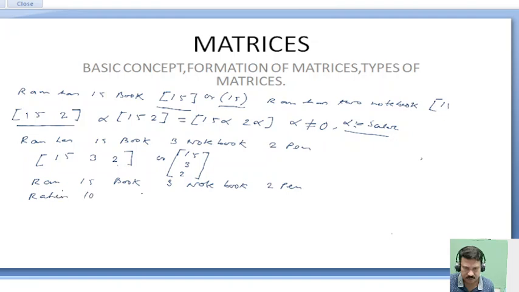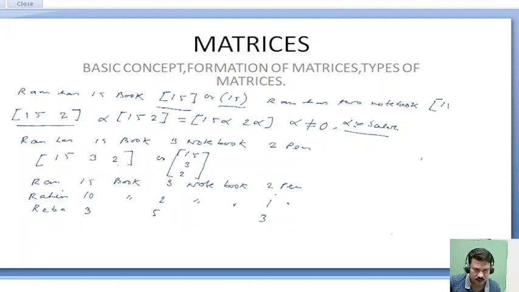His friend Bohim has 10 books, 2 notebooks and 1 pen. Also, let Reva have 3 books, 5 notebooks and also 3 pens.